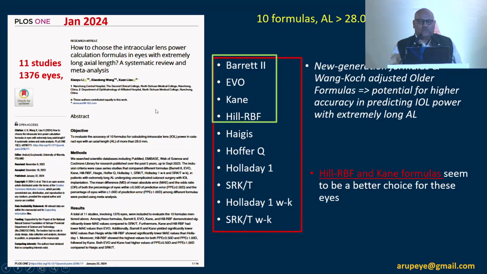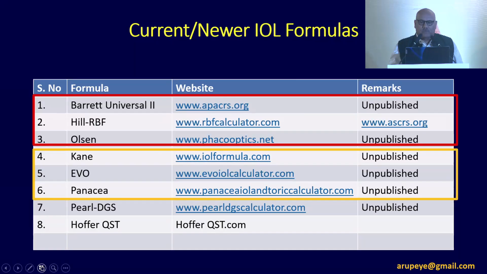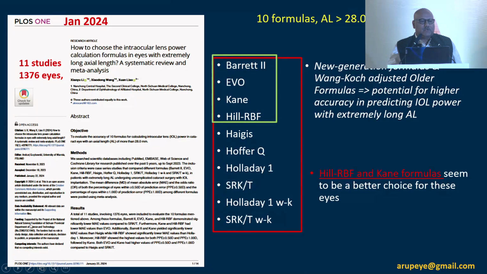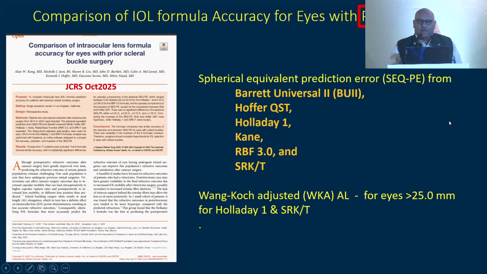So which are the good formulas for this? For example, this particular study published last year, where axial length was more than 28 millimeter, compared the Barrett Universal 2, EVO, Kane, Hill-RBF against the older formulas, and found that Hill-RBF and Kane formula are better choices for these eyes. And this is another paper which has just been published online in October.